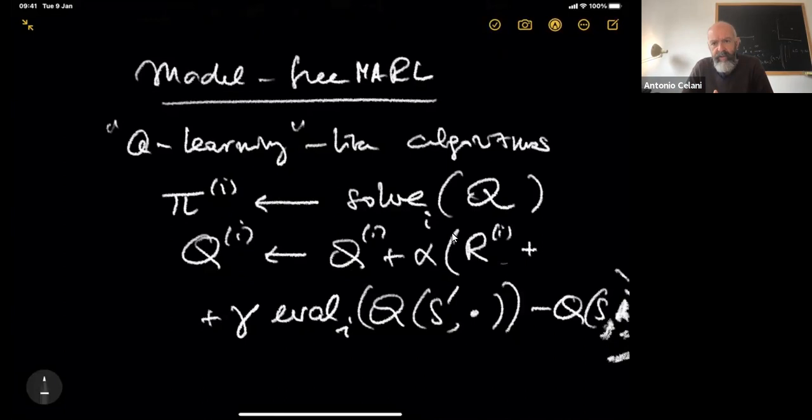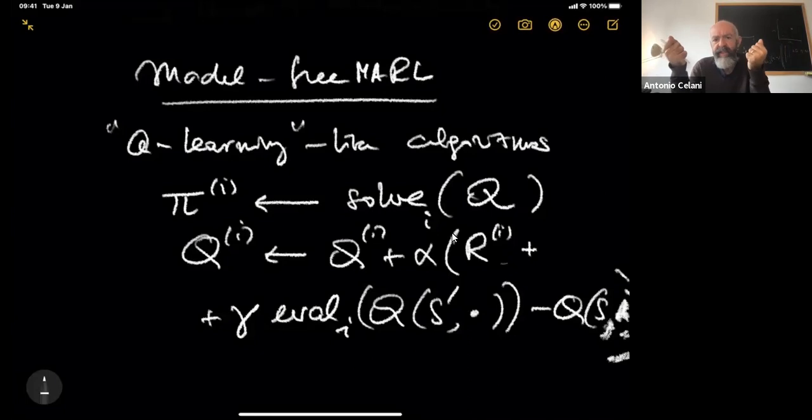But if the agent is able to observe the Q functions of other agents, because they can communicate between them, suppose that they are robots, they can send signals to each other and say, my Q value matrix is this one. If it has this additional information, it might decide strategically to consider that. For instance, if these are two competing agents and one agent has access to the Q matrix of the other agent, the first agent could strategically think, okay, I suppose that now you're going to play that action, so I'm going to play another action in order to reply to your anticipated decision. You see how complicated it gets very quickly.